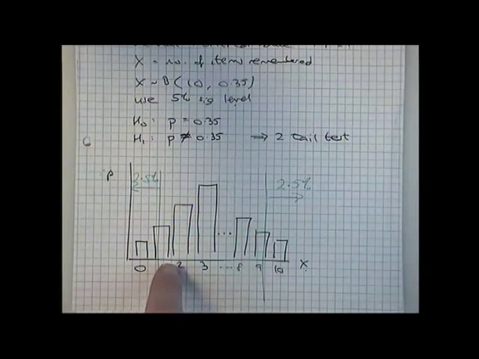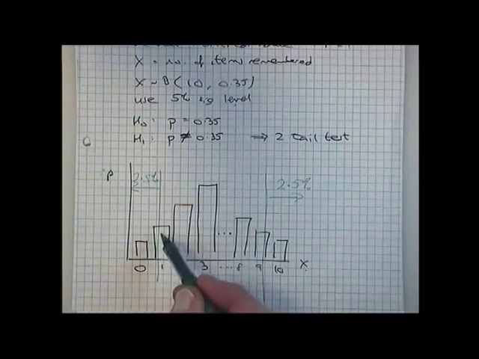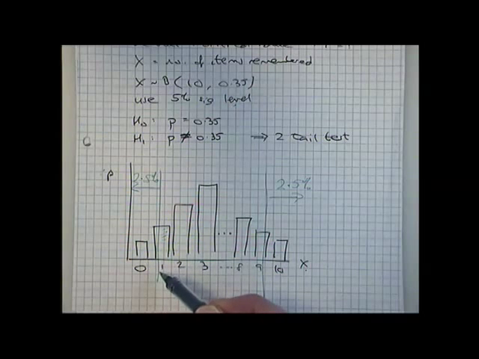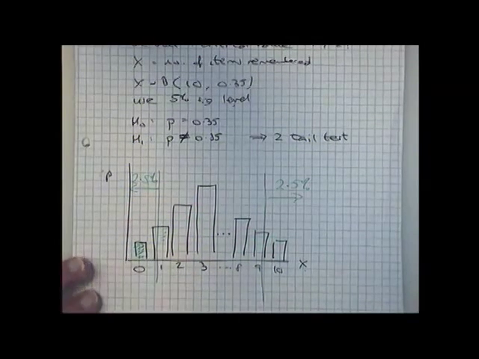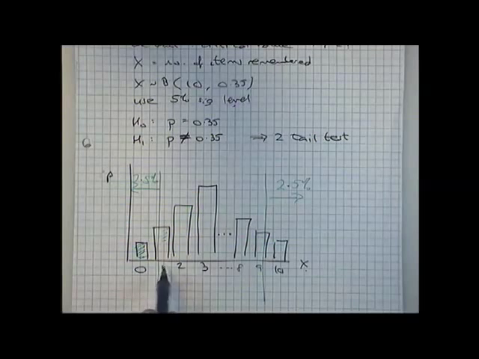Here, some of the probability in the 1 bar is not in the critical area. So if somebody scored 1, you don't know whether that is one of these very small results in the tail or not, because they could have come from that part of the 1 bar to the right of the line, which isn't in the tail. So if my line is in the right place, we would reject H0 for a 0, but not for a 1.